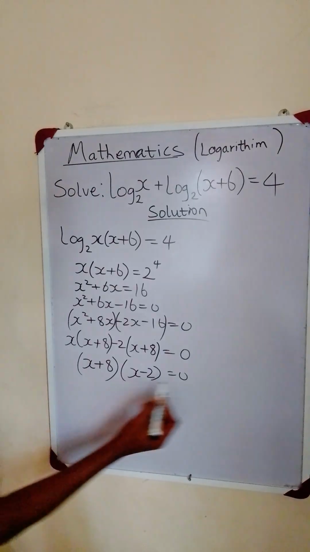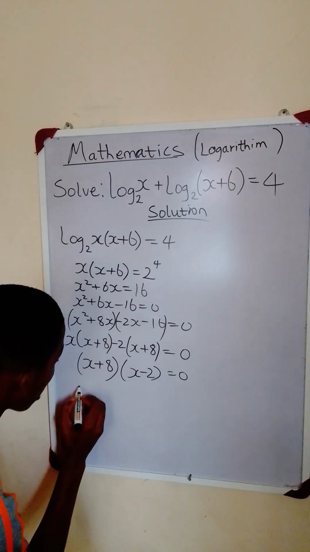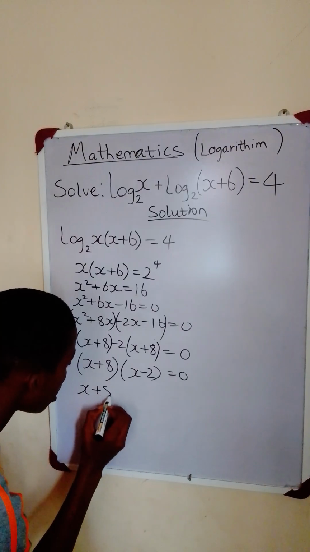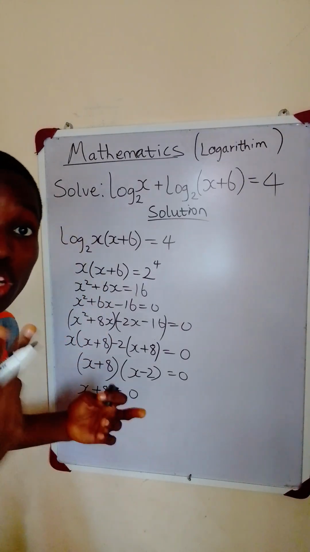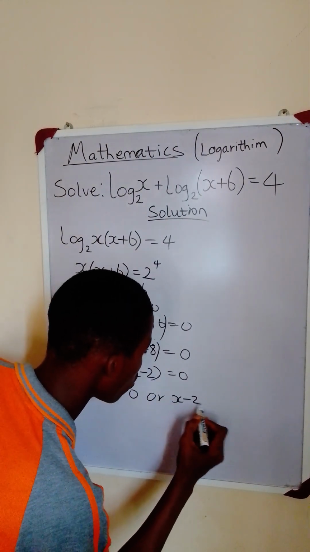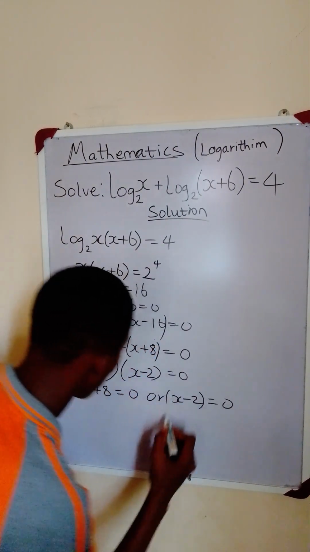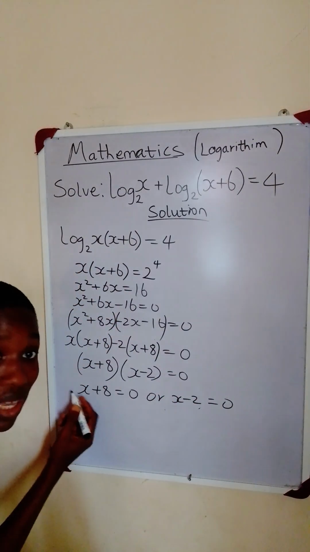You're not going to equate this individually to 0. It's going to be x plus 8 equals 0, or x minus 2 equals 0. For a quadratic equation, there are always 2 answers. What you're going to do now is make x the subject of the formula.